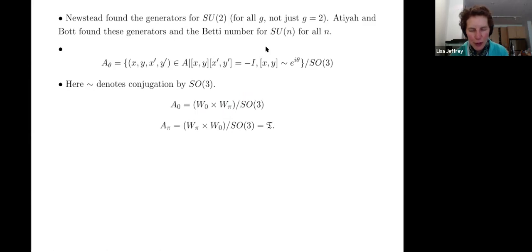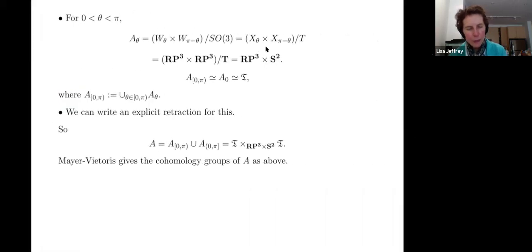So both of these are equal to the space of commuting elements, A sub 0 and A sub pi. For theta between 0 and pi, A sub theta is equal to the quotient of W theta cross W pi minus theta, quotiented by conjugation.